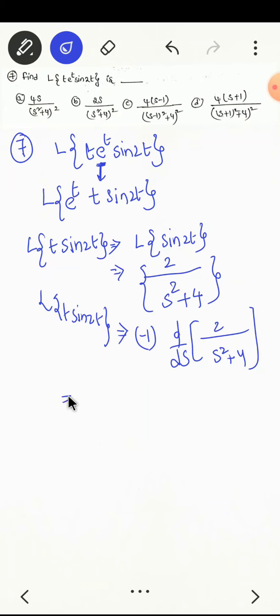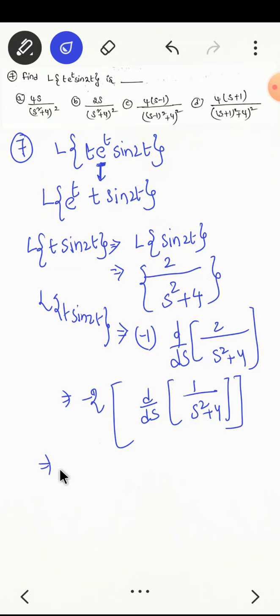Take out 2, that is constant, minus 2 into d by ds of 1 by s square plus 4. Do differentiation, what you will get, minus 2 into, u by v you should apply. Otherwise minus 1 by x square you will be getting, you can do that way also.